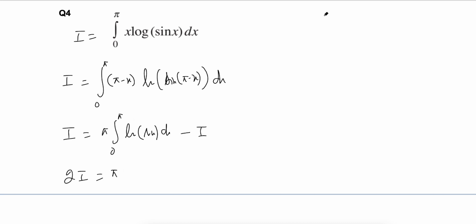Again, I can apply that property. Which property? 0 to a fx dx can be written as 2 into 0 to a by 2 fx dx if f of a minus x equal to fx. So since here in this case a is pi, fx is ln sin x, and sin pi minus x is sin x only.